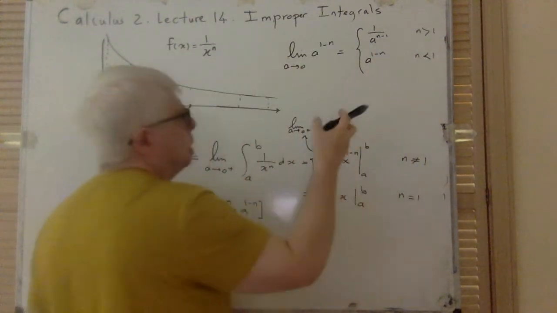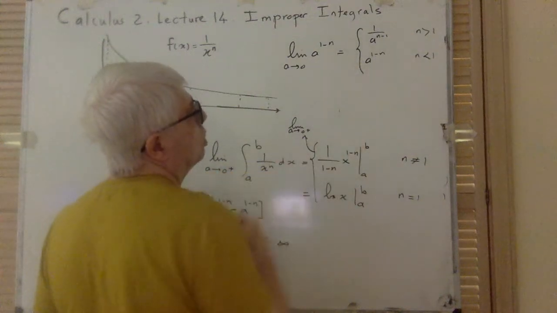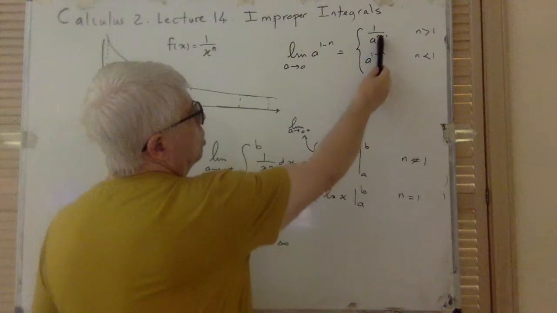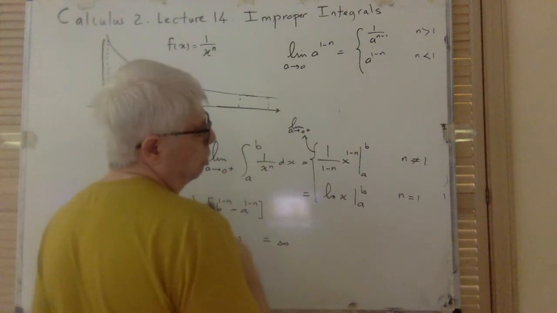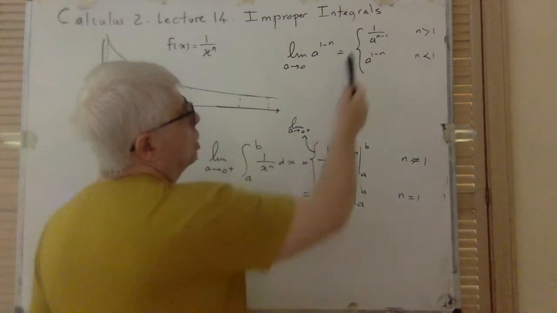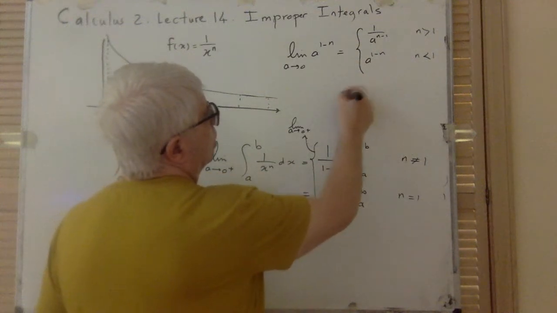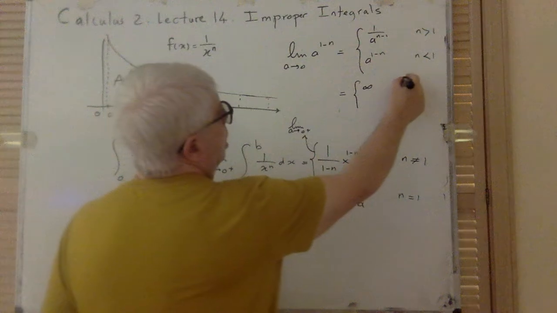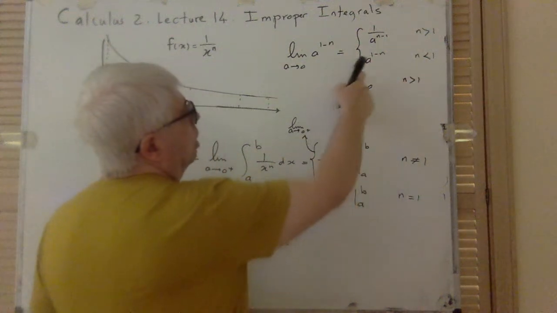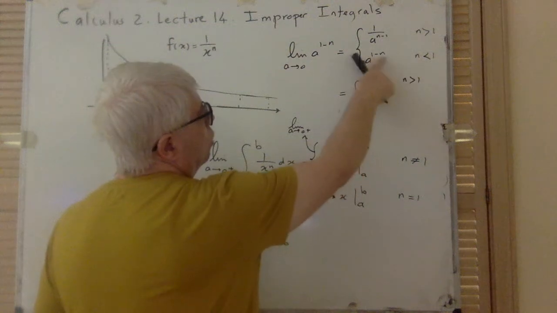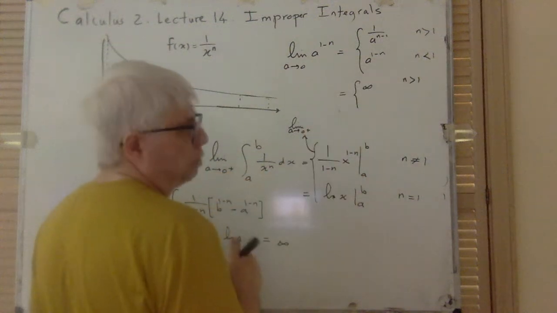So if n is bigger than 1, n minus 1 is a positive number. So it will be 0 to a positive power, so that's 1 over 0. So that one is, say, infinite, when n is bigger than 1. How about this one? This one is n less than 1, so 1 minus n is a positive number.